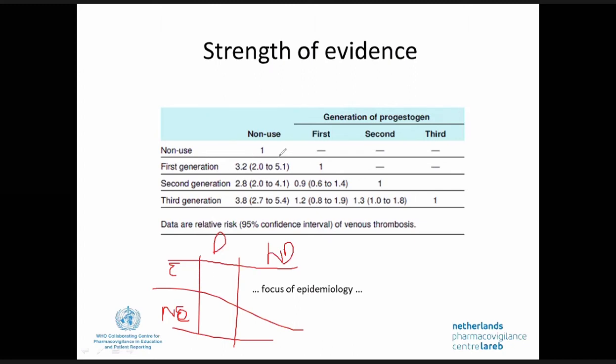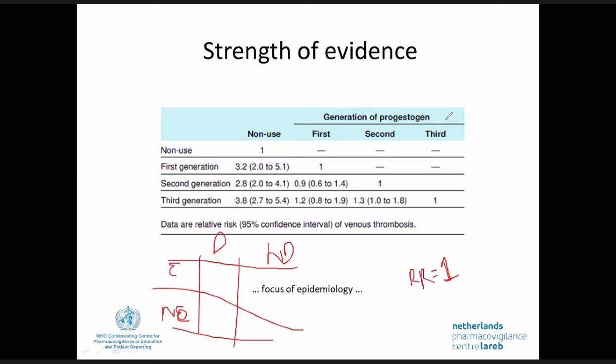So if you did discuss relative risk, you know that if somebody has a relative risk of 1, it means that there's no causality there. It means that that exposure did not lead to an outcome.